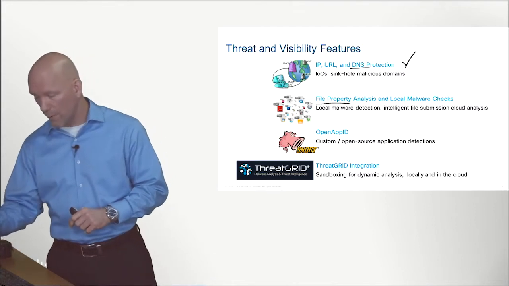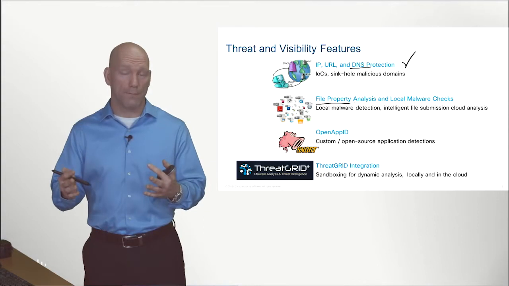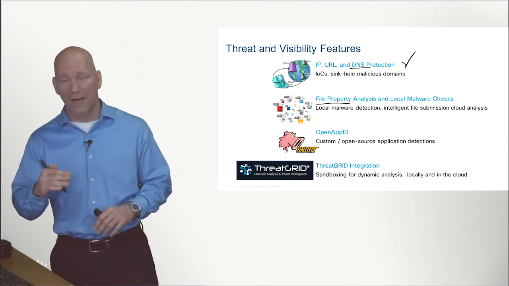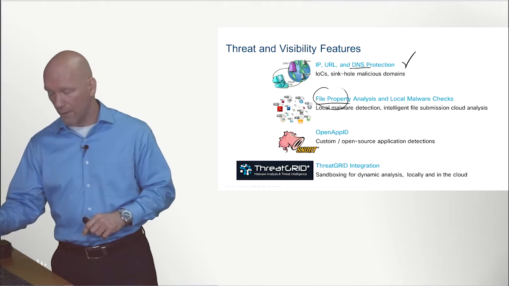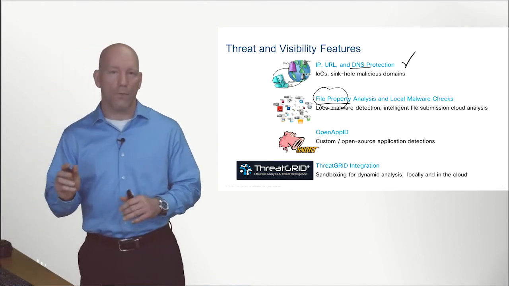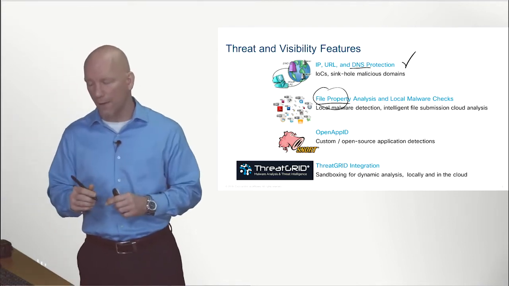Even our ability to go even deeper into the file type and what the file is attempting to do. Folks, wait until we get into the actual topic, but we have the ability also to take a file and sandbox it for in the cloud analysis to see what's happening inside of that file.